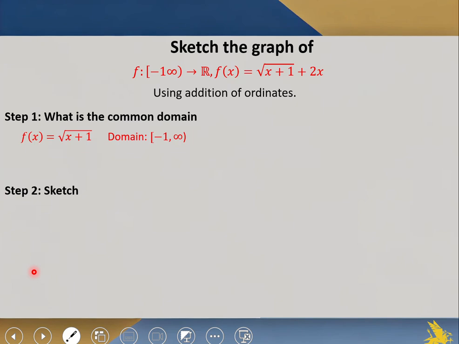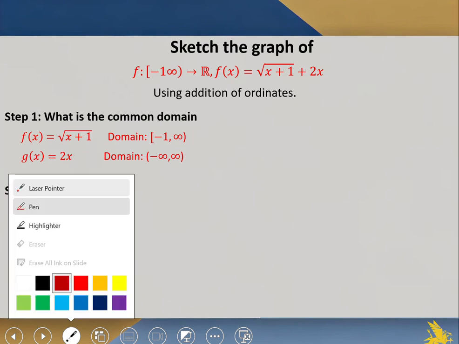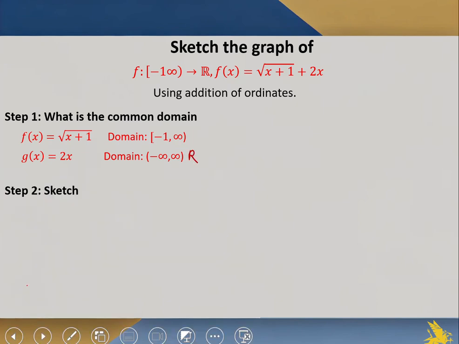And we're going to split it into a linear 2x, and we know that it's negative infinity to infinity, or another way I would say it is all real numbers. Again, if I'm sketching, I'm going to quickly be looking at, are they positive in the y values, or are they negative? So the first graph will be positive, and the second graph is also going to be positive.